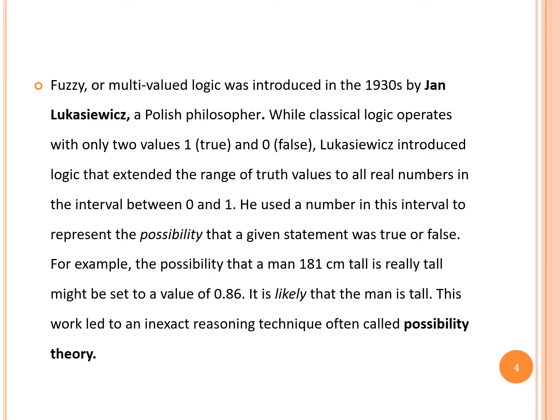Okay, for example, the possibility that a man 181 centimeters tall is really tall might be set to a value of 0.86 tall. So it is likely that the man is tall.